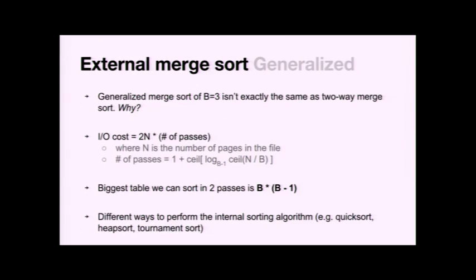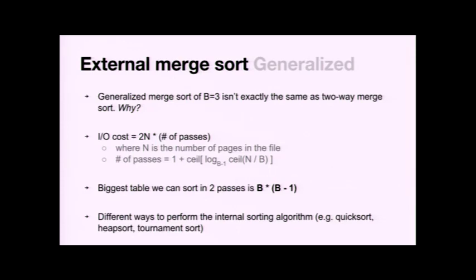Yeah, we can use the extra buffers. On pass 0, remember when we were creating those sorted runs, we needed to sort all the data in those runs, and having the extra buffers in our generalized merge sort means we can make runs that are a lot bigger.